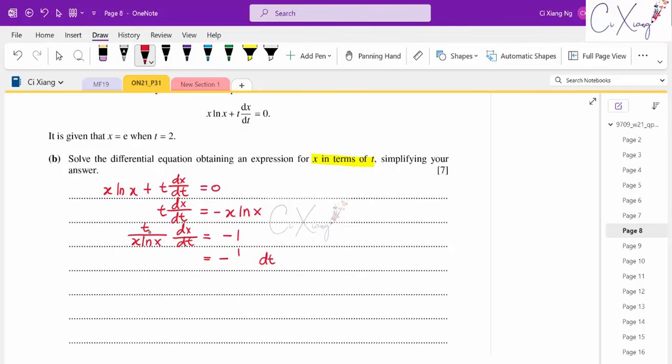So I'm having negative 1 over t. So your detailed step will be something like this. After you separate the variables, your equation will look like this: 1 over x ln x dx equals negative 1 over t dt. You can see very clearly that now I successfully separate all the variables to two different sides. Then you can start the integration.